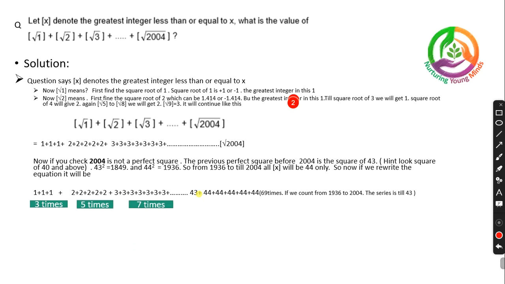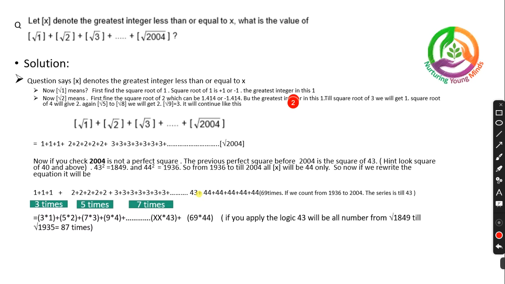So what we will do now is represent the series in the form 3 into 1, because 1 times 3 is 3 into 1, 5 times 2, so 5 into 2, plus 7 into 3, plus 9 into 4, plus dot dot 43 into x. Suppose you don't know what the value of x is, and we already identified that 44 will be 69 times.